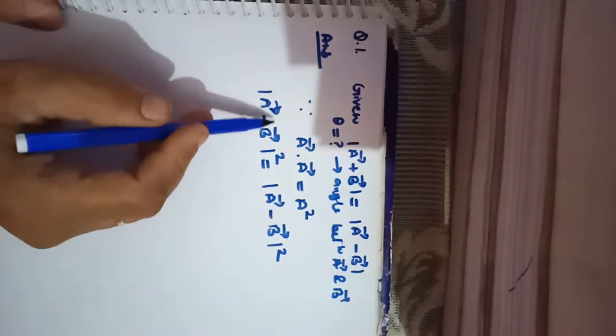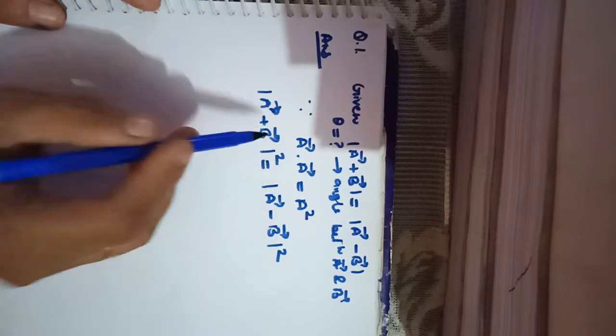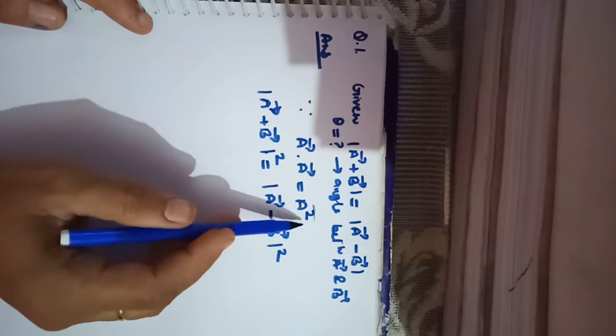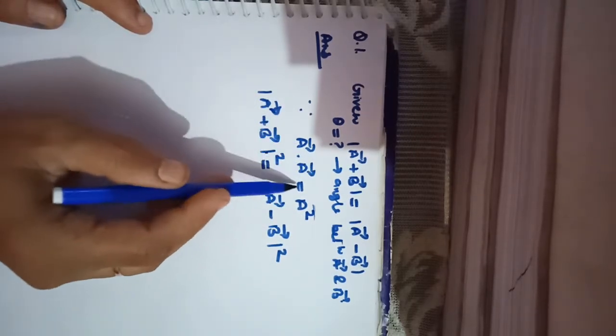When you square on both sides, this identity can be written in this form.